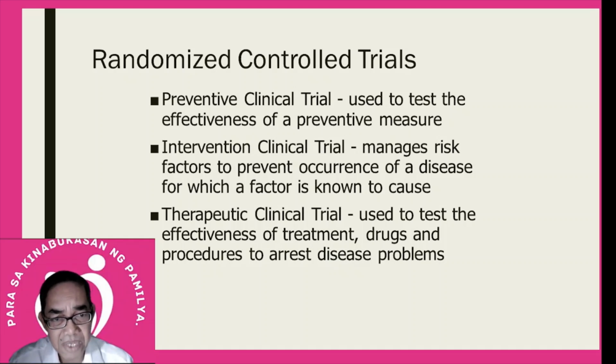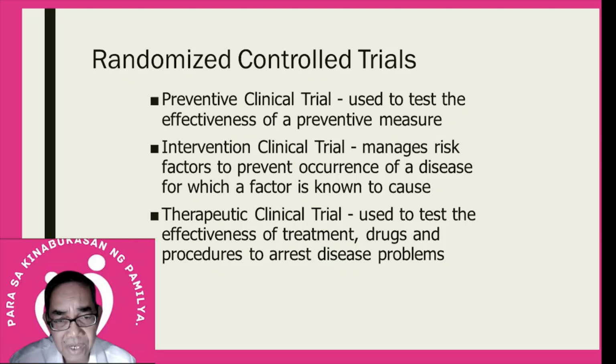So it can be, for example, a vaccine. Intervention clinical trial manages risk factors to prevent the occurrence of a disease for which a factor is known to cause. So, for example, if you want to manage smoking, you want to make an intervention clinical trial that will manage smoking.